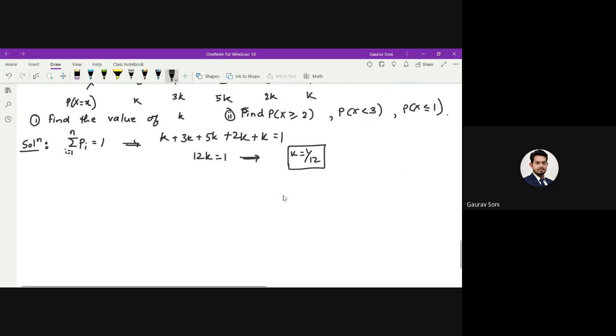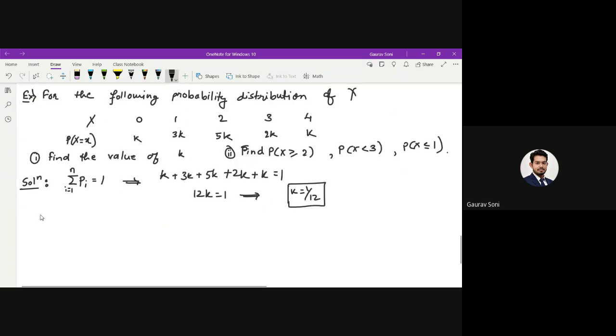Now, probability of X greater than or equal to 2 is nothing but probability of X equal to 2 plus probability of X equal to 3 plus probability of X equal to 4.